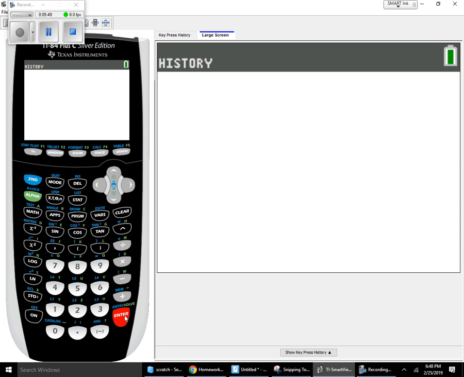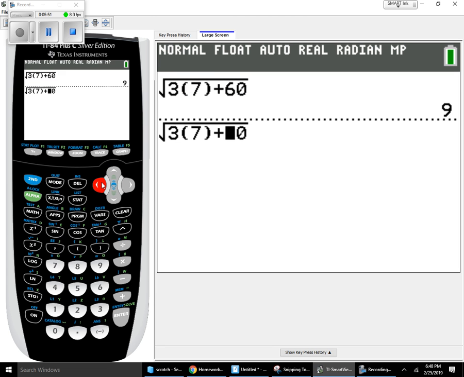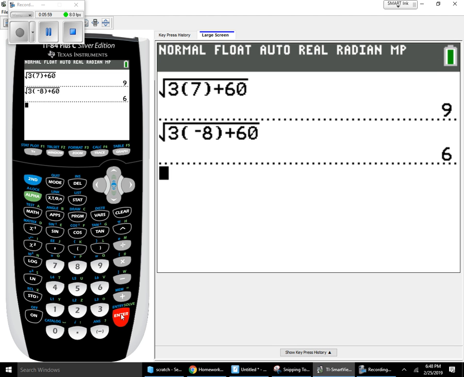On the other hand, if I go to substitute in the negative 8, I get back a 6. Now, negative 8 plus 2 is a negative 6, but not positive 6. So I did not get back P plus 2.